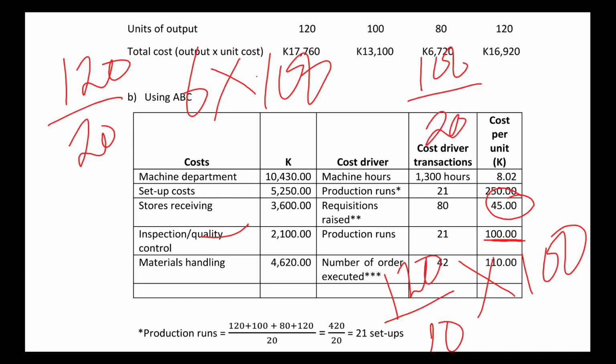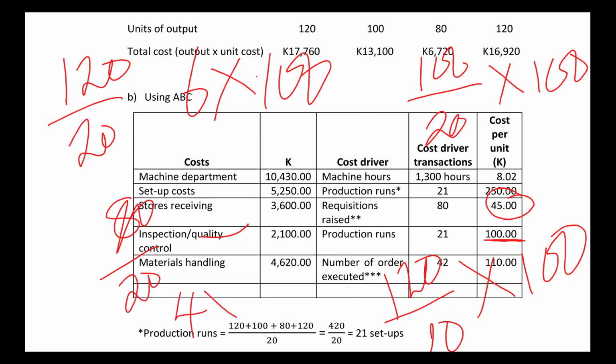That will give you the number of production runs for product B, times the cost per production run, which is 100. And again, you do the same for C, where you say 80 units were produced divided by 20, giving us 4. 4 times the same 100, giving us 400. So that's how you would allocate for inspection.